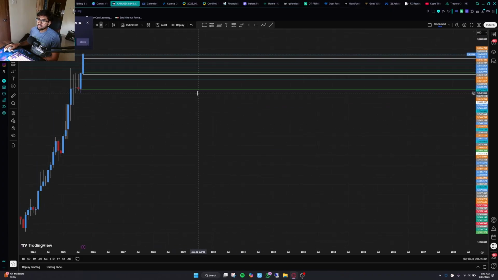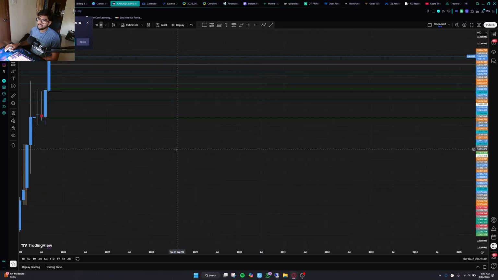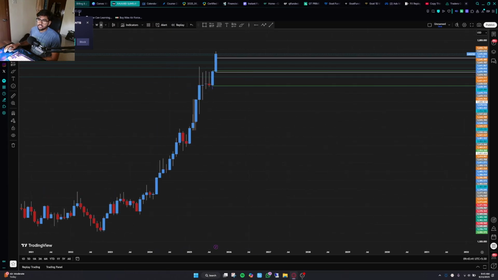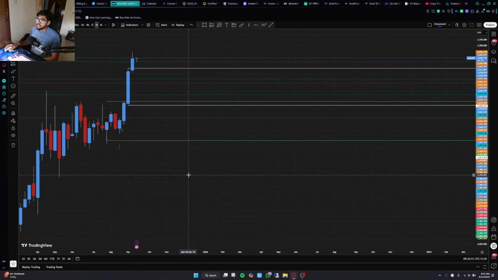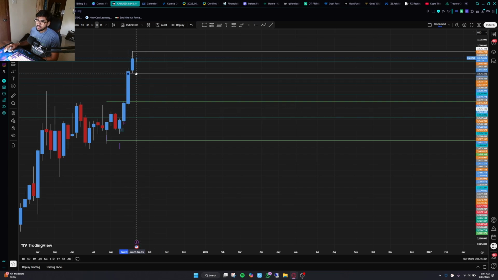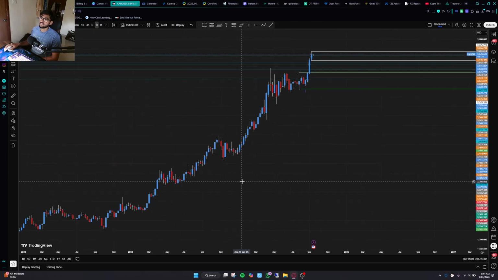Right, on the monthly, we're on the uptrend. Weekly, let's set the new weekly candles. So weekly also we are on the uptrend.